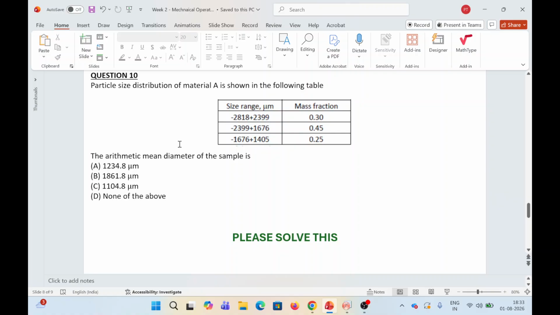So what do the negative and positive signs here represent?